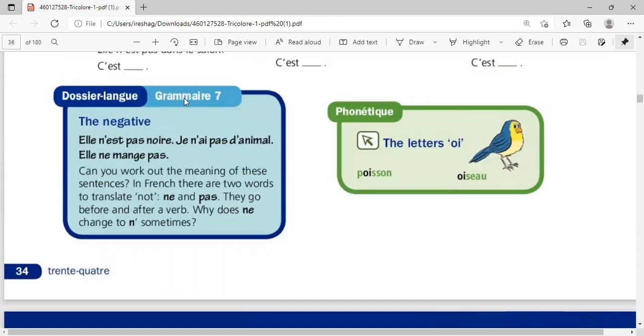So write down in your writing book also the negative. Okay. Tell me a sentence.